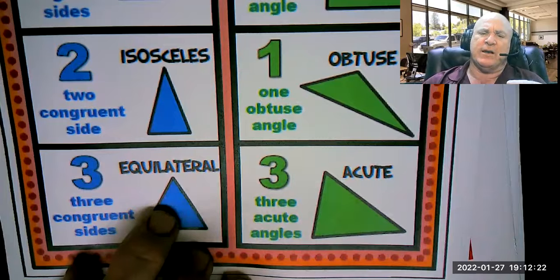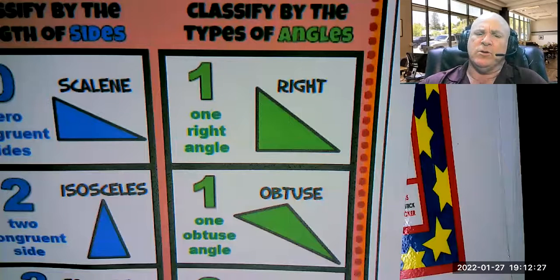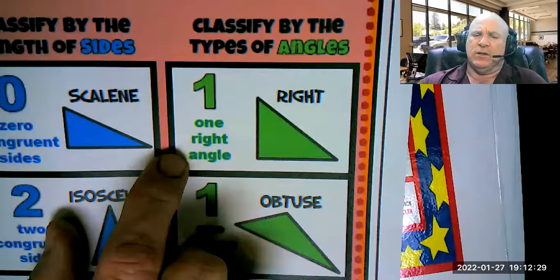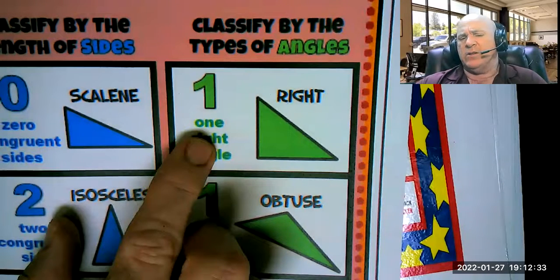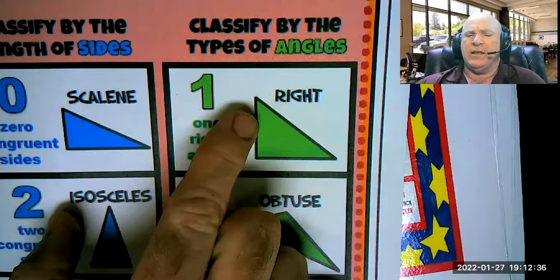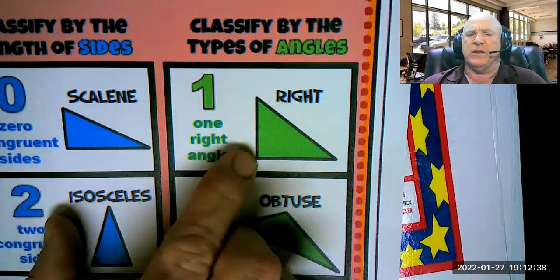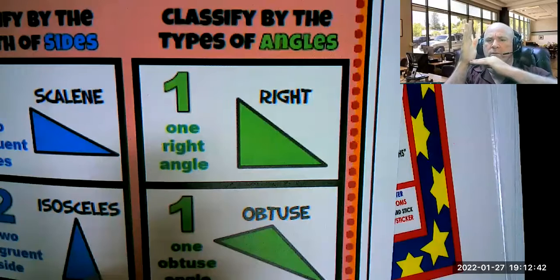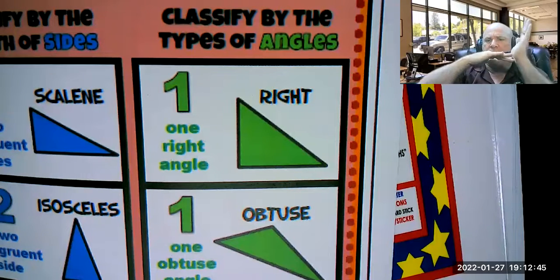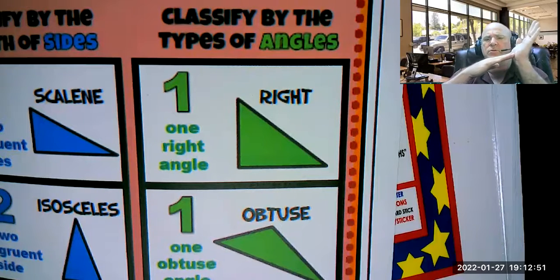On the other side, let's talk about angles. If they ask you for a right triangle, the only way to get it is to have exactly one angle that equals 90 degrees. Perpendicular lines are needed to form that right angle. Obtuse, when you open it up a little bit bigger.